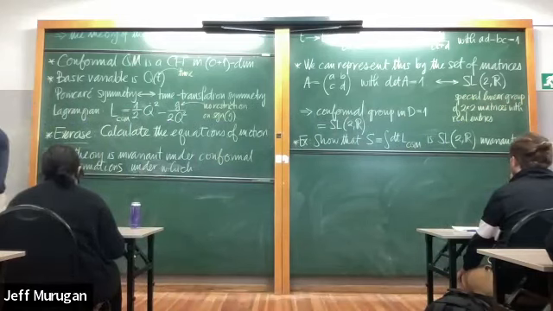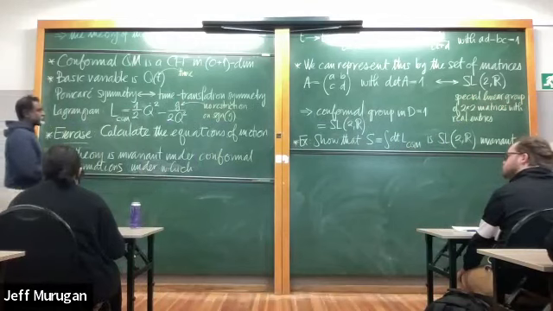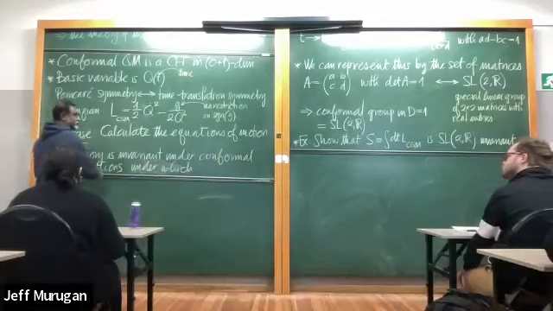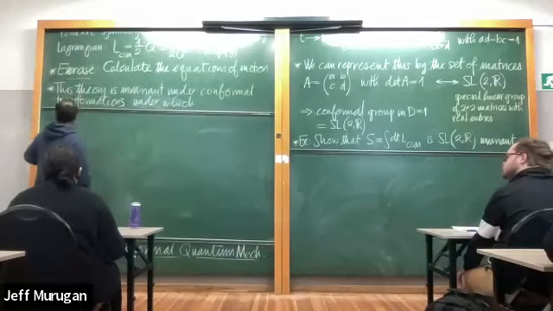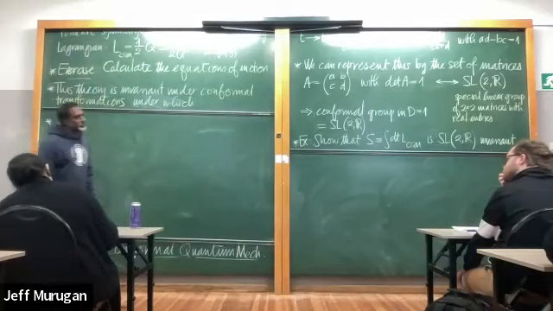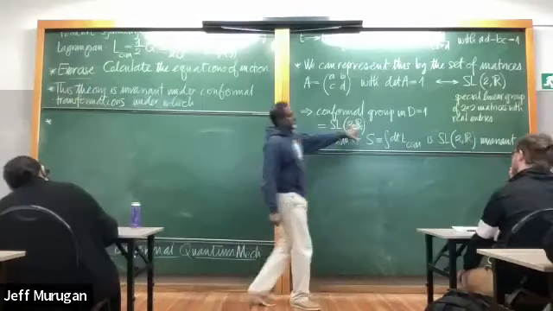What do these conformal transformations of this form actually do? To understand what they do, note that SL(2,R) is actually homomorphic to SO(2,1).